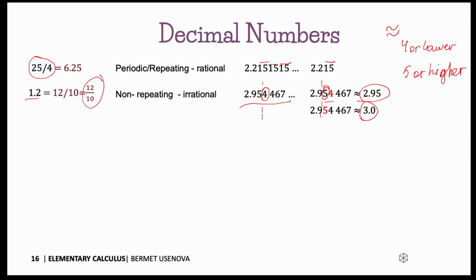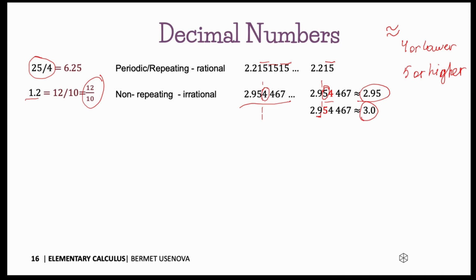In this case, it will be 3.0. I hope everything is quite clear here. If it's 4 or lower, we're rounding down and we don't change anything. If it's 5 or higher, we're rounding up and we're adding 1 to the last rounding digit.